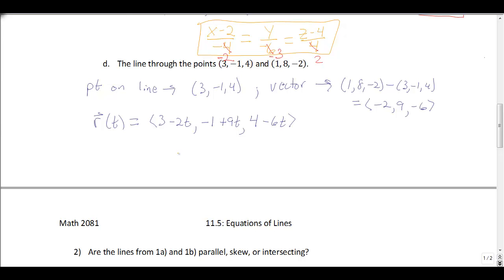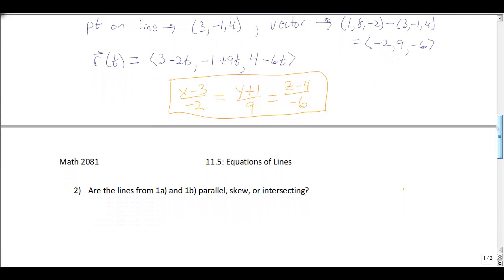And then for symmetric, I just get x minus 3 divided by -2. Y minus -1 turns into a y plus 1, you get a very good plus there, y plus 1 divided by 9. And then we get z minus 4 over -6. So those would be our symmetric equations.